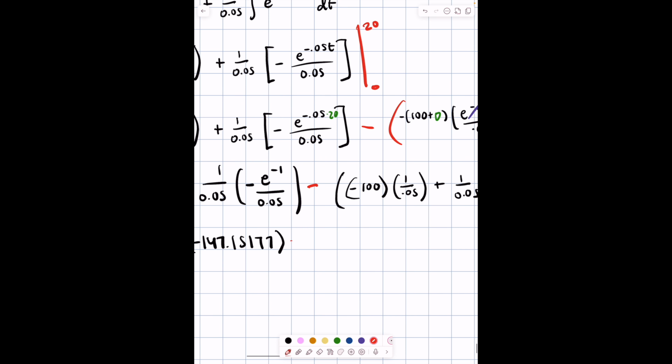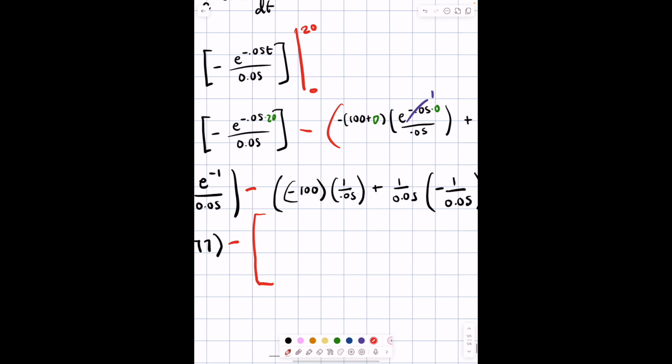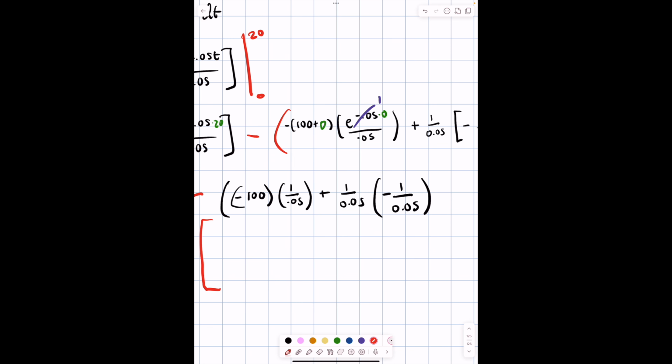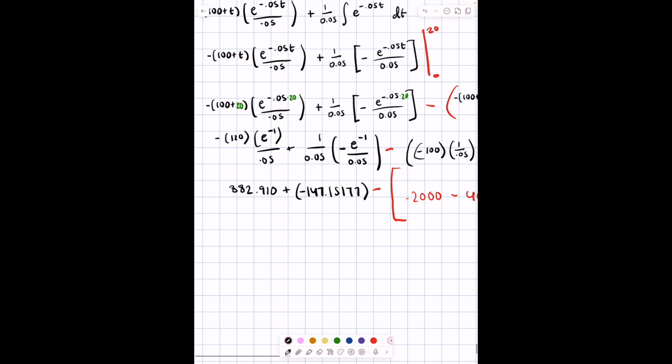And all of this has to be subtracted by this whole number: 100 divided by 0.05, which is 2000, plus or minus 1 over 0.05 squared, which is 400.